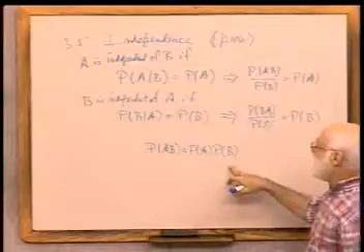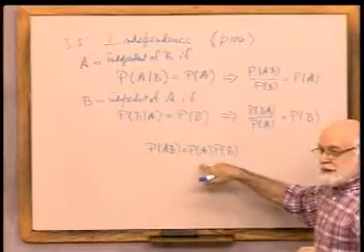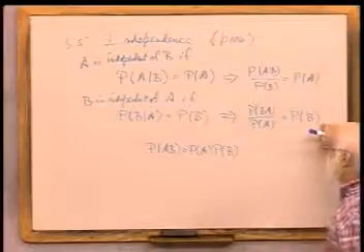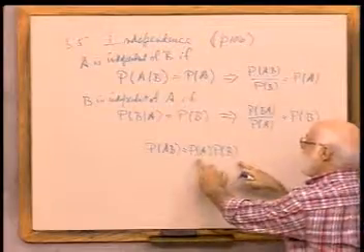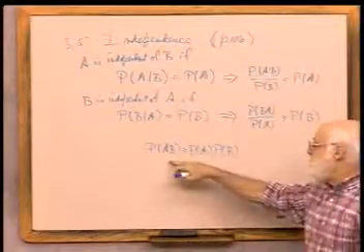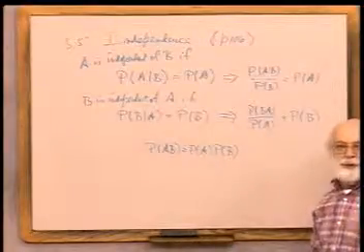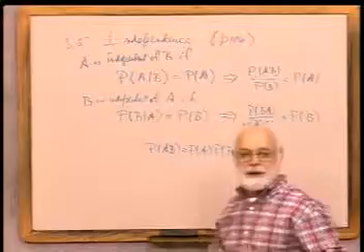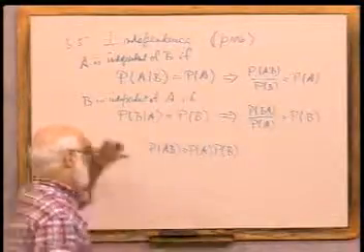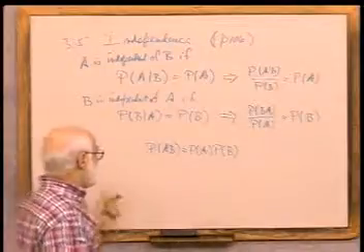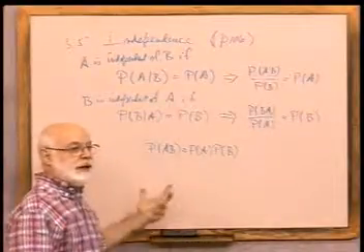However, I really don't like to start with that because this doesn't have the same intuitive appeal that this does. But this has the property that it shows immediately that if you take this as a definition, then A and B are interchangeable. In other words, if A is independent of B, then B must be independent of A. So a question that's often asked in probability is, suppose we have two events, are they independent?